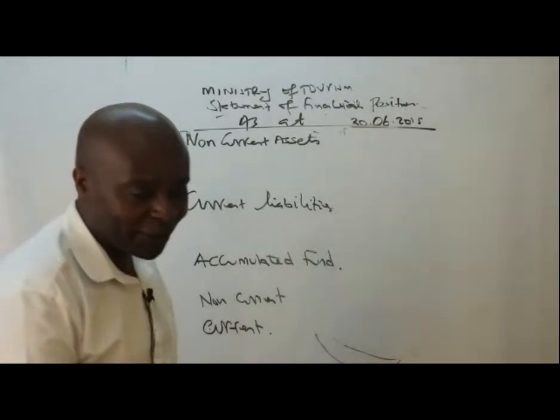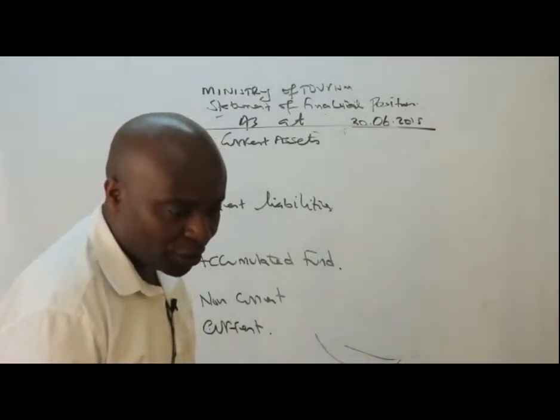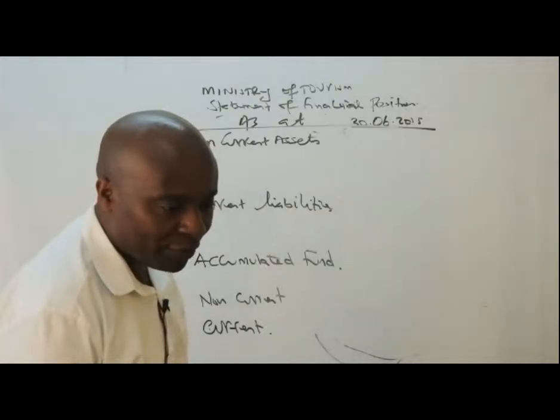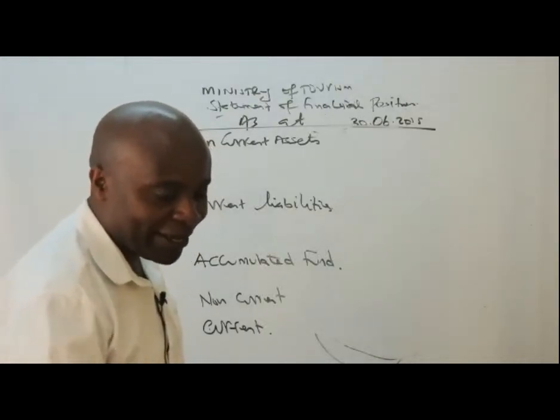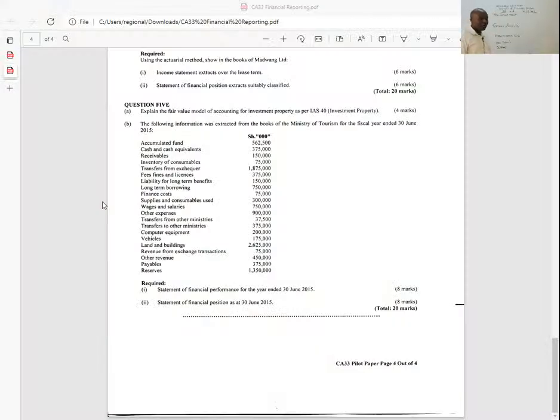So again, we go back to our question. Ladies and gentlemen, what do we have here? Remember, we had already done the mapping. The students who have just come in are disadvantaged a little bit. So in this case, we have accumulated fund, which we said is a straight away statement of financial position.